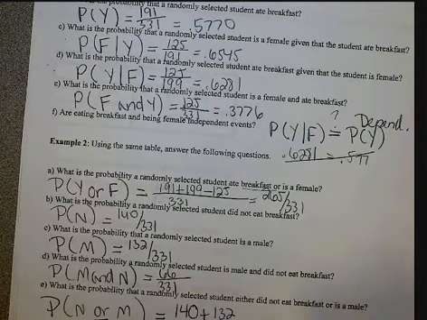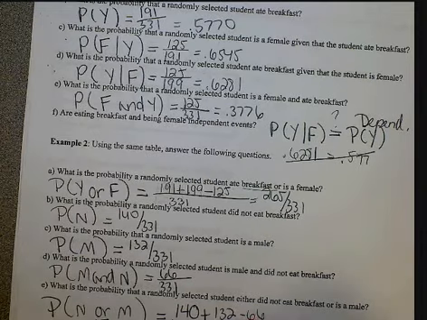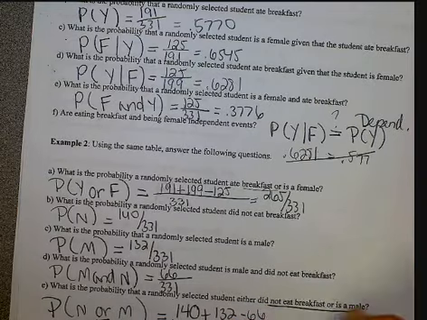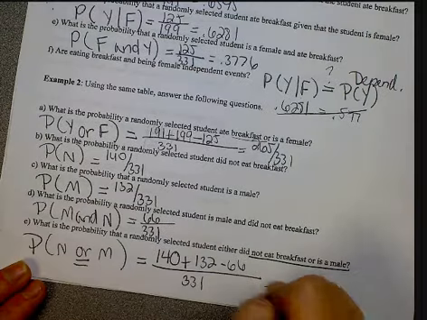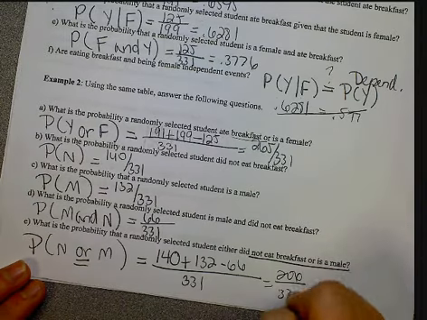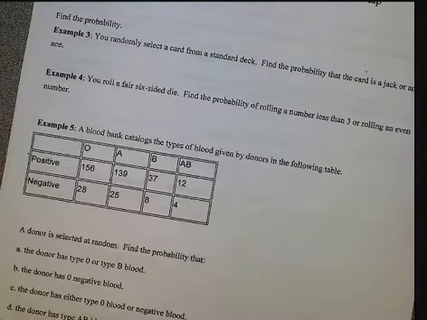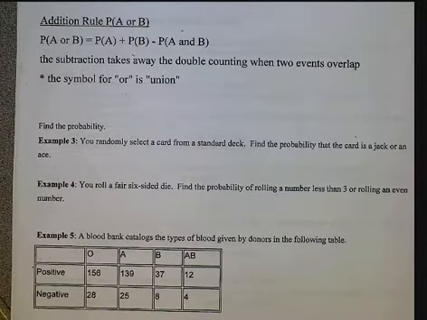We have 66 males who said no. We have counted those twice, so we need to subtract that from our total that would fit our requirements of not eating breakfast or male. And yes, we're dividing that still by 331. So we get 206 over 331. Type that in your calculator, 0.6224. So what we have actually looked at here is called the addition rule.